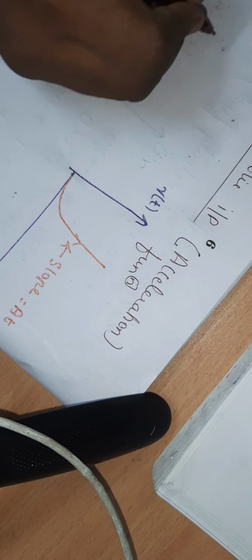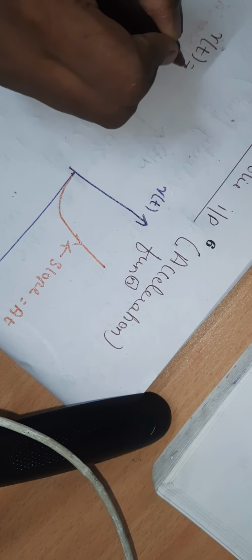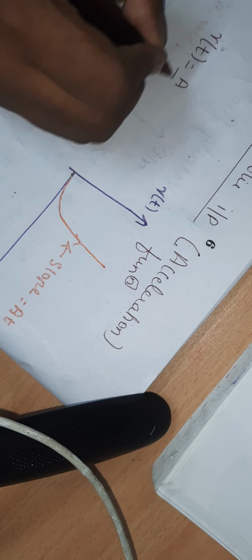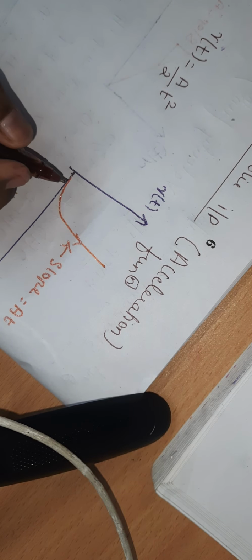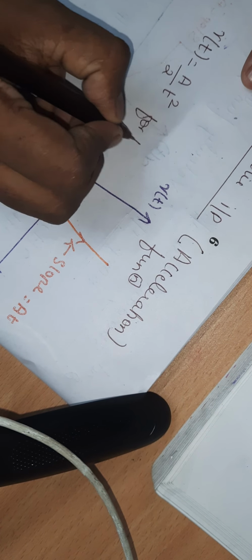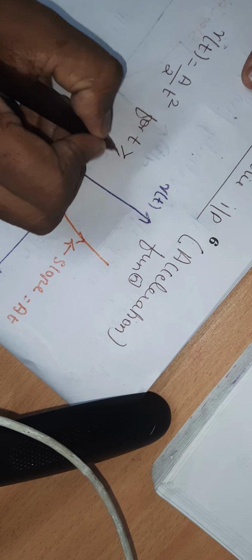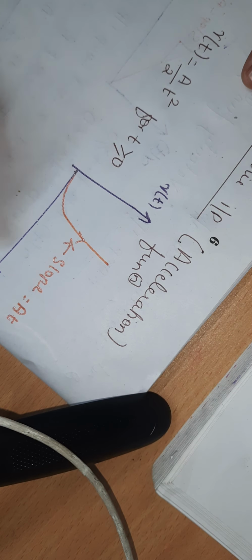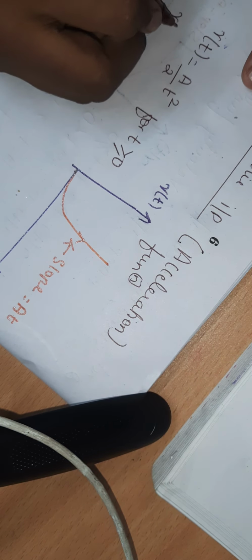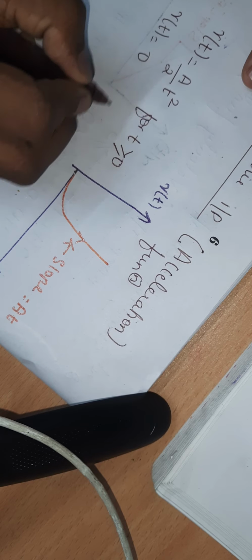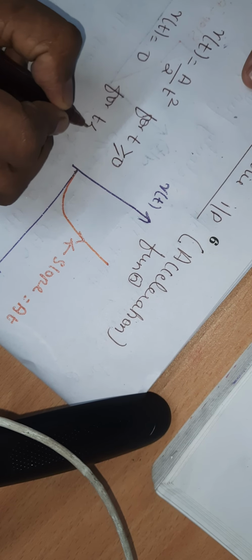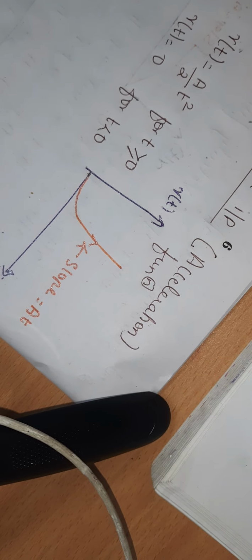Then how do you represent that? R of t is equal to A by 2 into t square. It is increasing parabolically for t greater than or equal to 0, for all the positive values. And R of t is equal to 0 for all the values less than 0. Okay, this is a parabolic input.